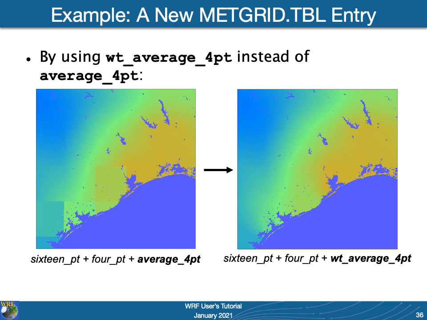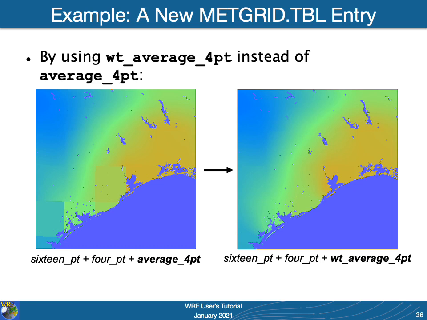So there's one final improvement that we can try to make to our METGRID table entry for soil moisture, and that should help the interpolation along the coastline here. So we noted that the values of the soil moisture field looked somewhat blocky, and that's because for every one of the model grid points that lies within one of these regions, for example, the one that's being indicated by the laser pointer, we're simply taking an average, an unweighted average, of any of the 4 surrounding GFS points that are not missing.